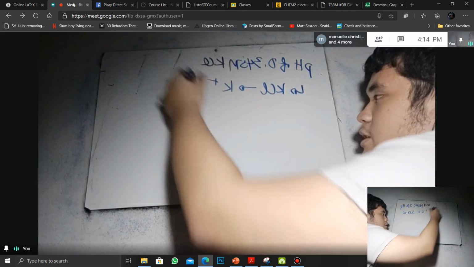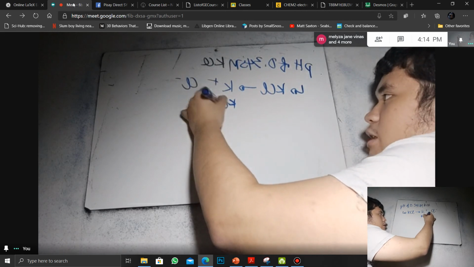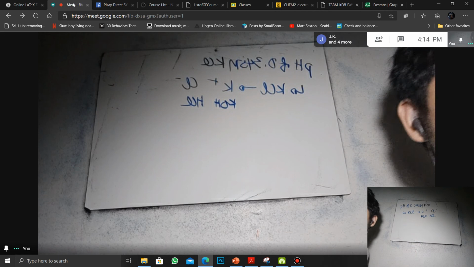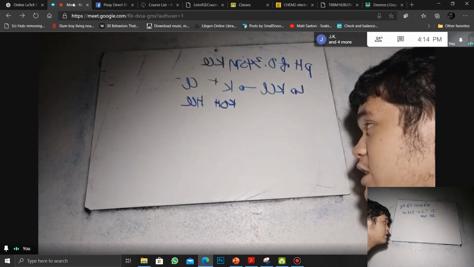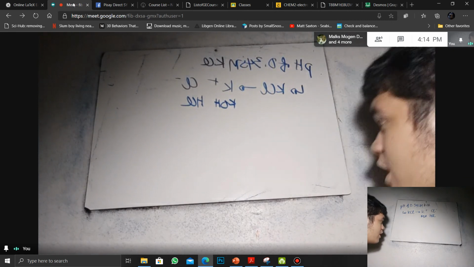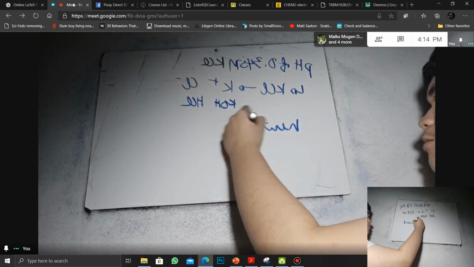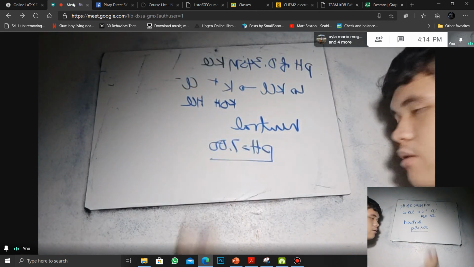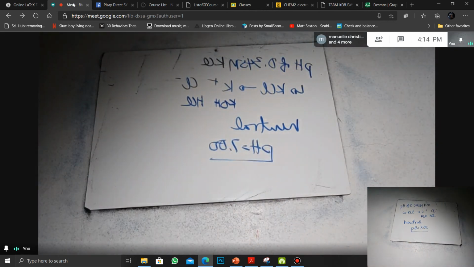Pag ginawang acid and base, both anions and cations sila of strong acid and strong base. So therefore, walang magre-react sa kanila. Neutral. pH equals 7. No calculation needed. Okay, last one.